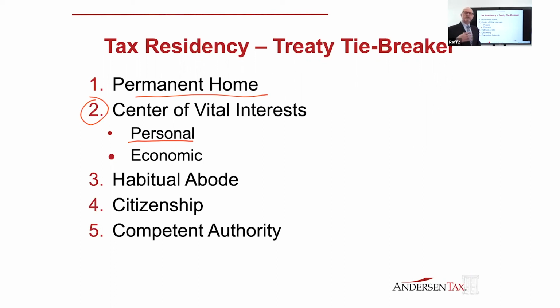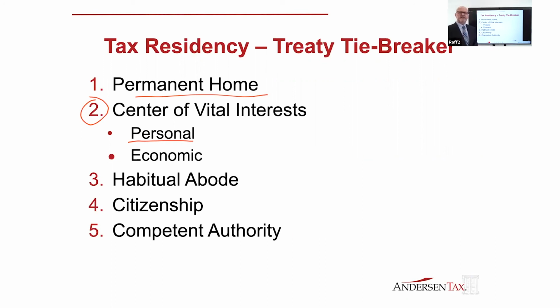I'm talking about children that require you to be present to actually look after them. So having a child in university in another country doesn't mean your center of vital interest personally is in that other country. It's a question of someone who needs you to be caring for them on a daily basis. So that's the center of vital interest personally. Generally, where is that spouse located if we're talking about someone who's married? If you're not married and don't have a relationship similar to marriage, then the center of vital interest personally becomes much more unclear as to where that is.